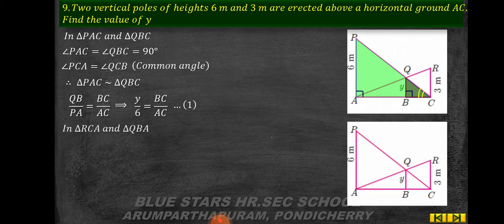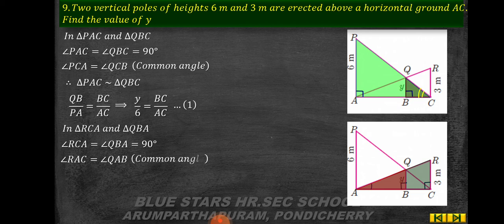In triangle RCA and triangle QBA, we see that angle RCA is equal to angle QBA is equal to 90 degrees, and angle A is common to both the triangles. So QB by RC is equal to BA by AC, which implies y by 3 is equal to BA by AC, which is equation number 2.